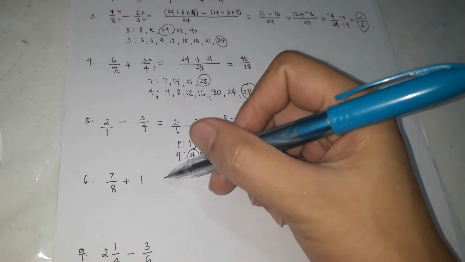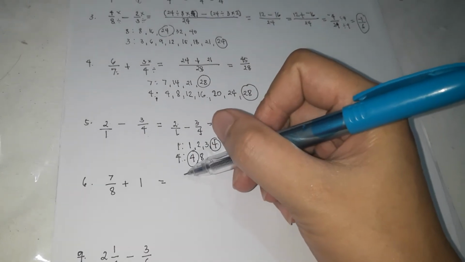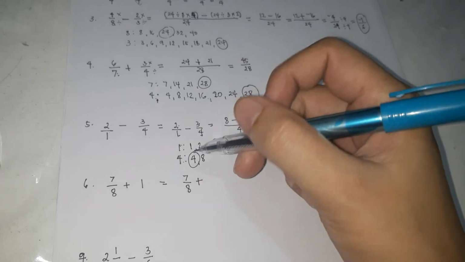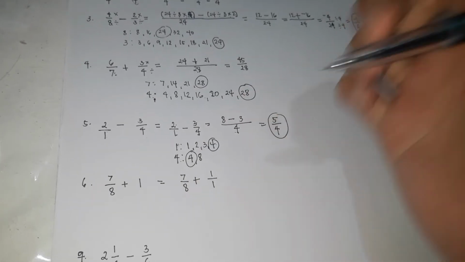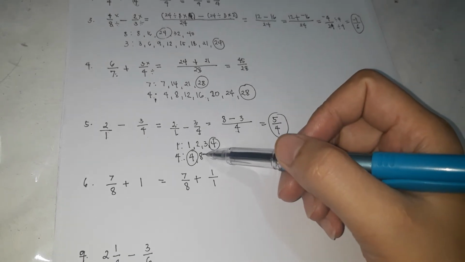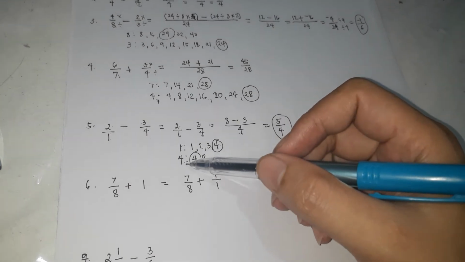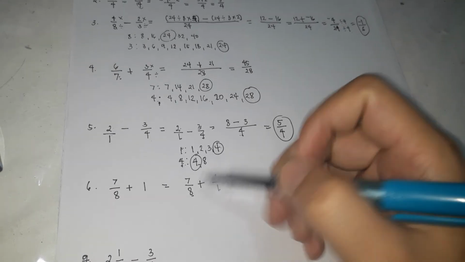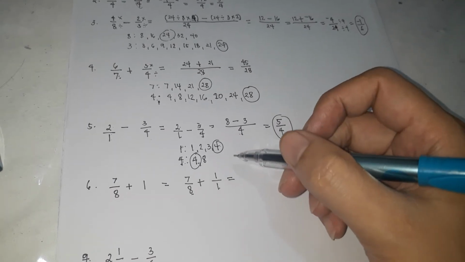Next, 7 over 8 plus 1. So 7 over 8 plus, when it's a whole number, just put 1 in the denominator. As we saw a while ago, for 4 and 1, the LCM is 4. So here, for 1 and 8, the LCM is 8.